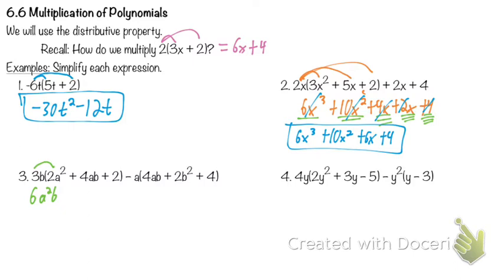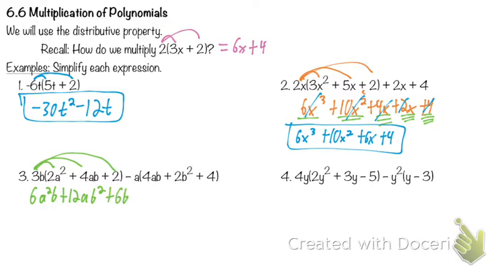Questions on that? Very good. 12ab squared, okay? 3 times 4 is 12. A times no other a over here is just a. And b times b is b squared. We add those exponents.